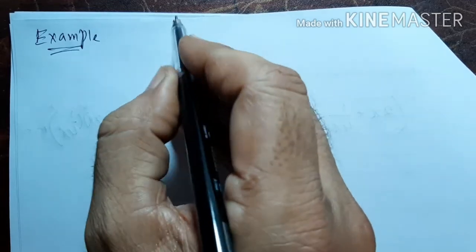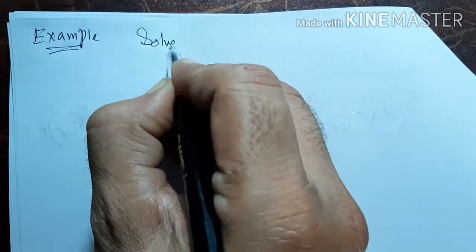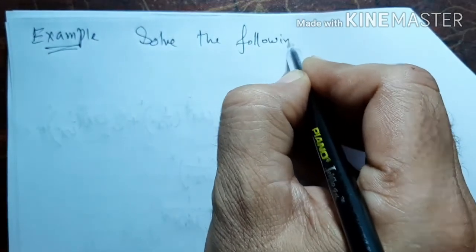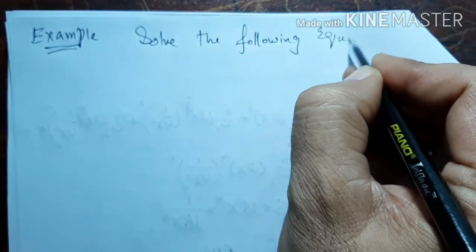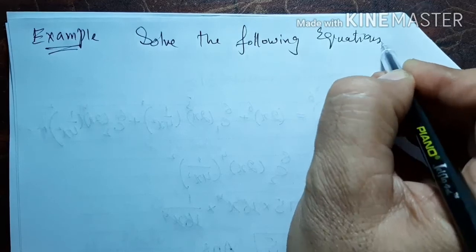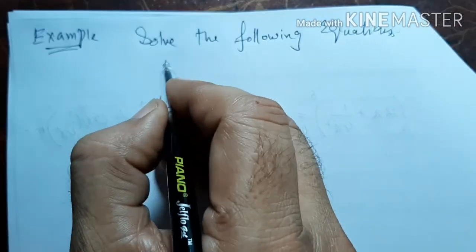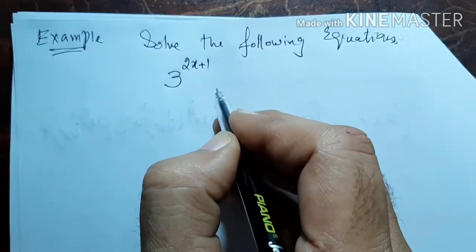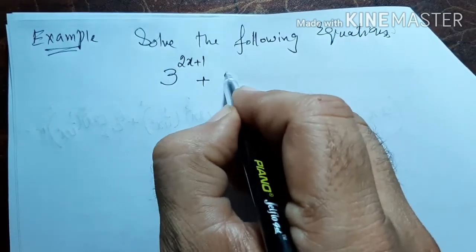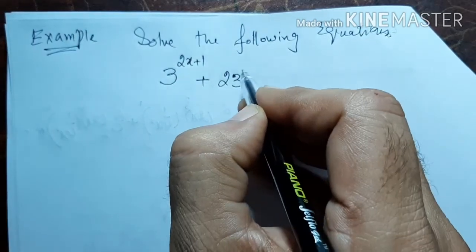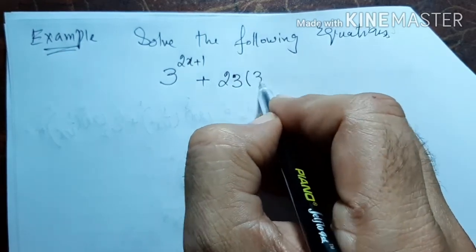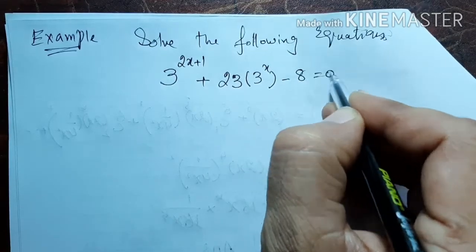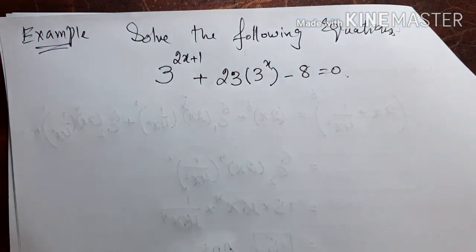Let's suppose we solve the following equation: 3 raised to power 2x plus 1, plus 23 into 3^x, minus 8 is equal to 0. Let's suppose we have to solve this equation.